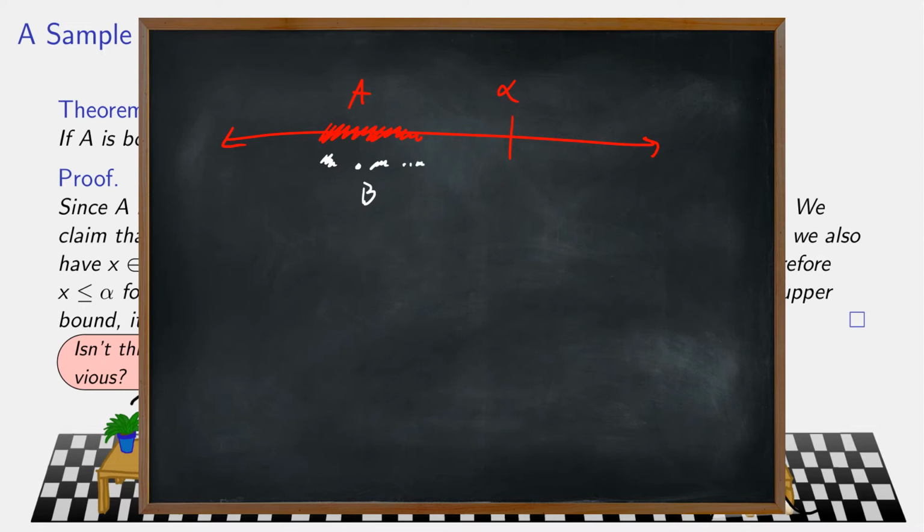It's possible for B to have upper bounds that A didn't. So maybe if this is all A, and then for B, I just take this bit right here. Now this number here will be an upper bound of B. Everything in B is less than or equal to this alpha, but not everything in A was. So a subset can have different upper bounds than the original, but it definitely has some upper bounds if the original did as well.